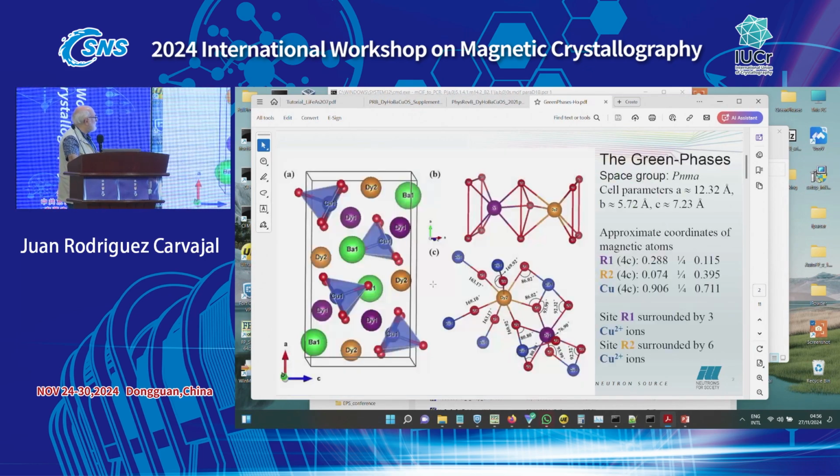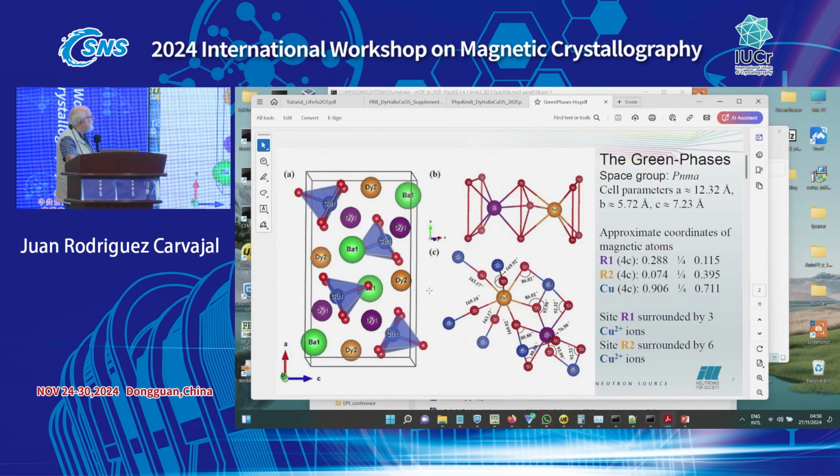And this phase is like that. You have copper in pyramidal positions, and you have a rare earth. Here is dysprosium, but well, it doesn't matter. It's the same for holmium, exactly the same.